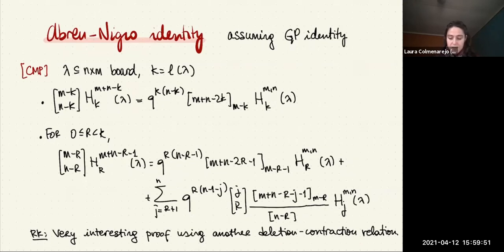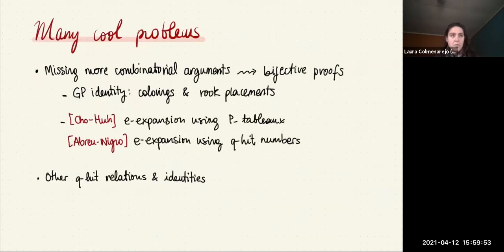And just to finish in the last minute, I wanted to talk about the cool problems that we found on the way. And it's actually the fact that we are missing many proofs and that the proofs that we have are not as fulfilling as one would think, especially because we would like to have bijective proofs. So for instance, White-Packet's identity is giving a relation between colorings and rook placements.